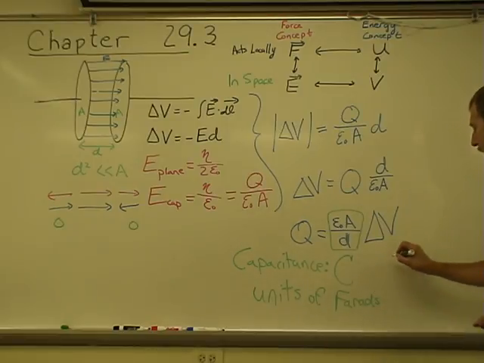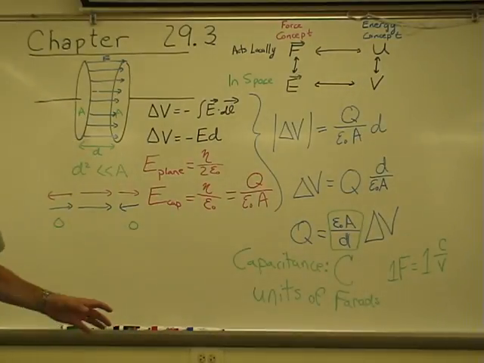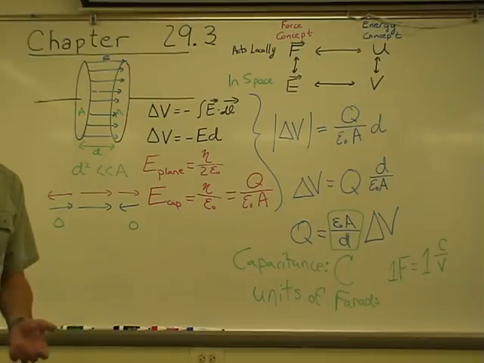Now, the 1 farad is 1 coulomb per volt, and that's quite a large number. We'll be working with capacitances typically in microfarads or nanofarads.